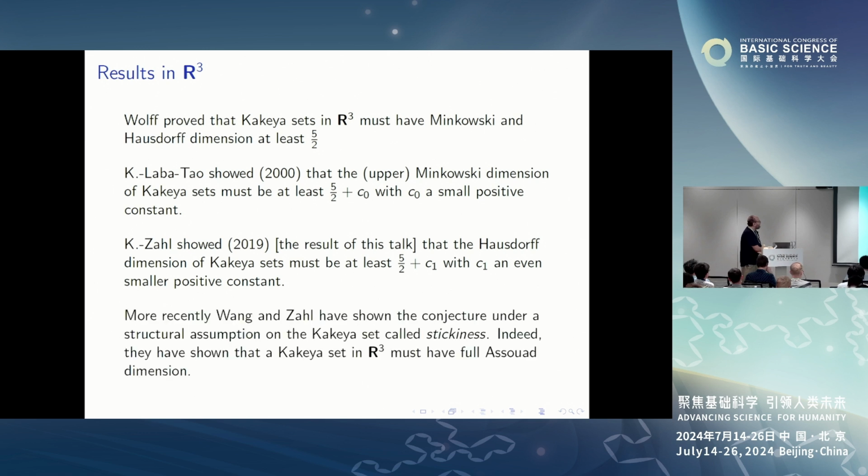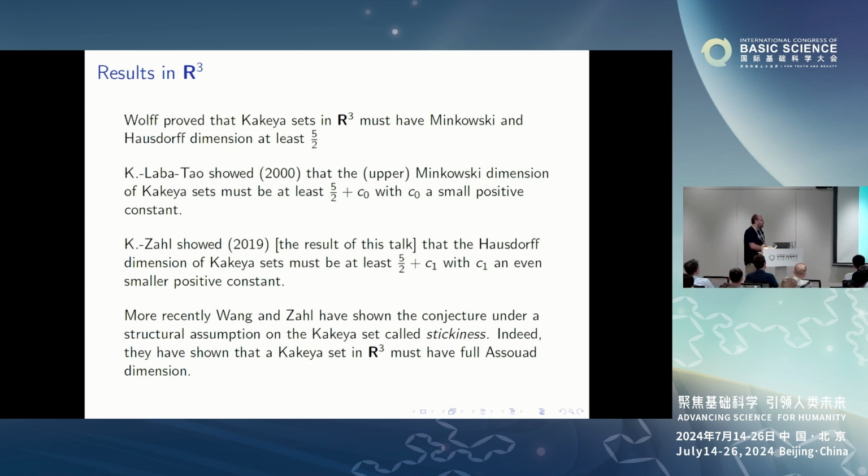Okay. More recently, Hong Wang and Josh Zahl have shown the Kakeya conjecture under a structural assumption on Kakeya sets, which is called stickiness. And indeed, they've shown that a Kakeya set in R^3 must have full Assouad dimension.